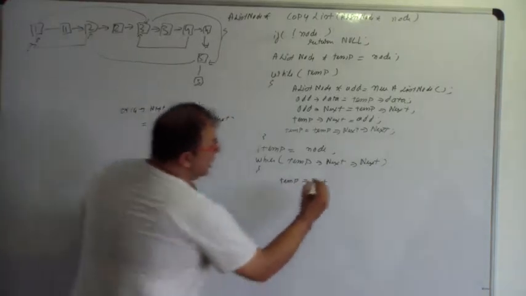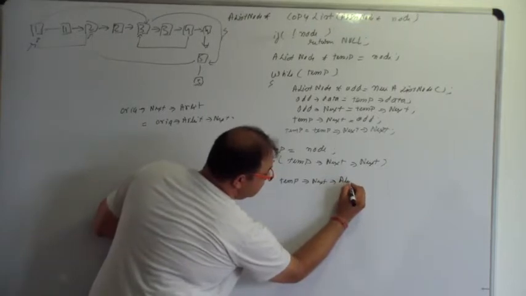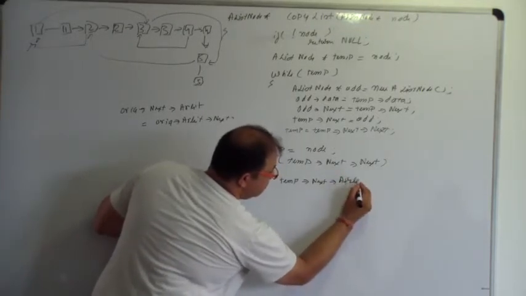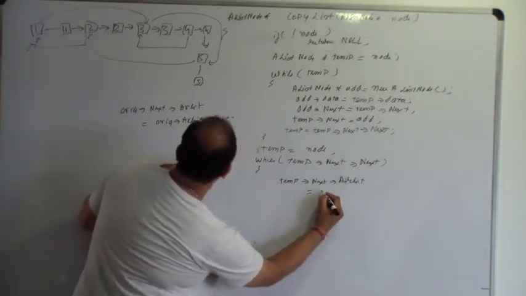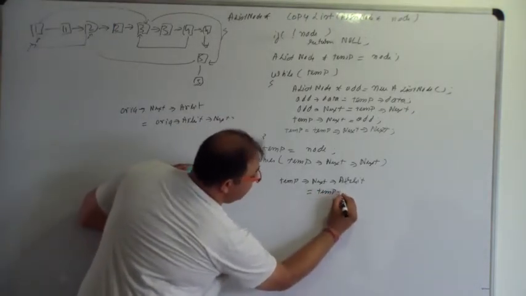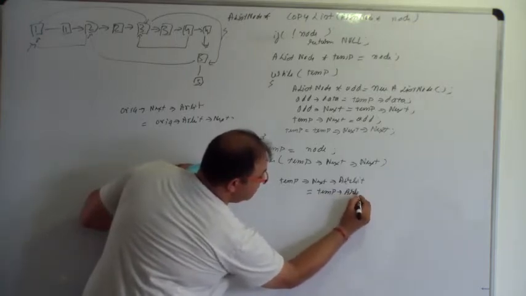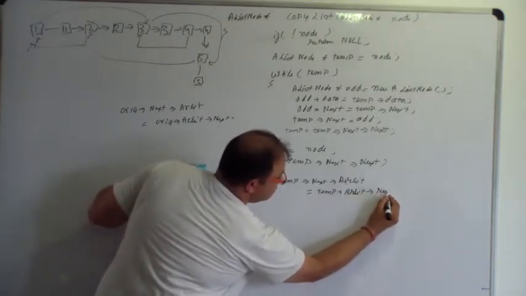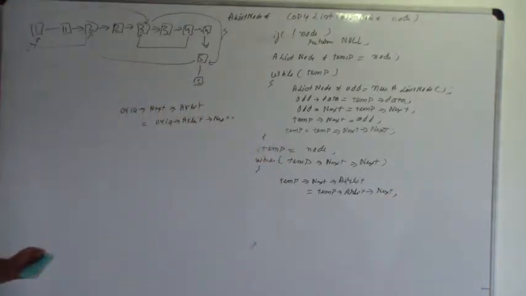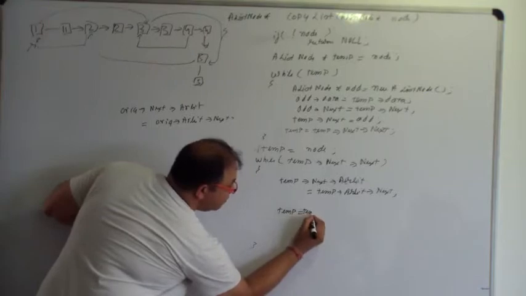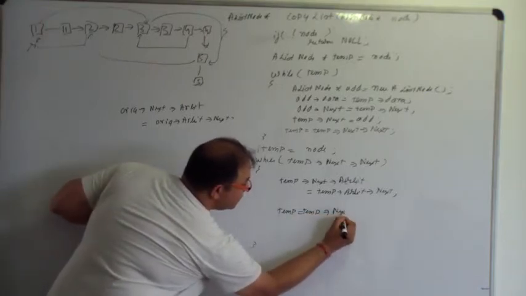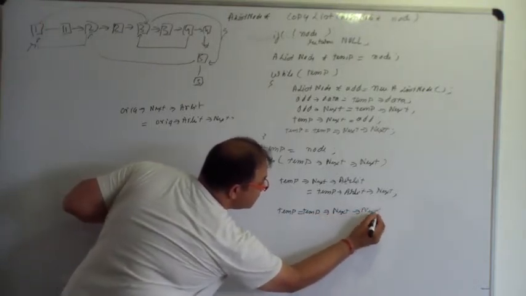So temp arrow next arrow arbitrary is equal to temp arrow arbitrary arrow next. Yes? And then we will make temp is equal to temp arrow next arrow next.